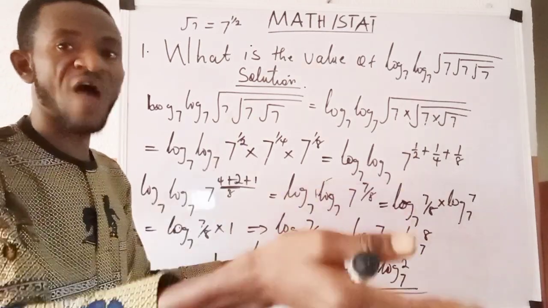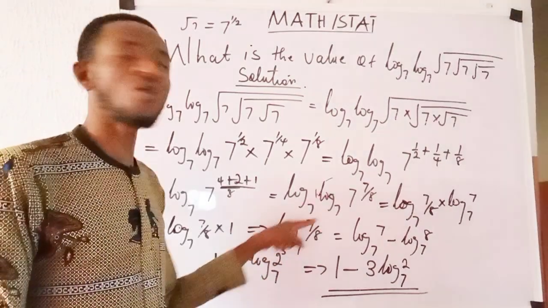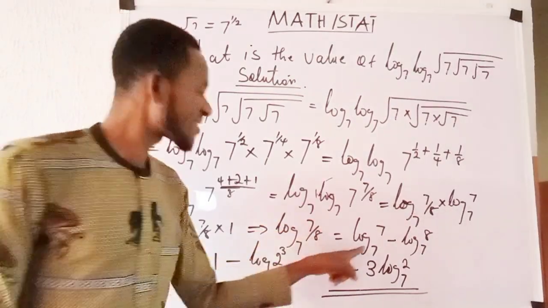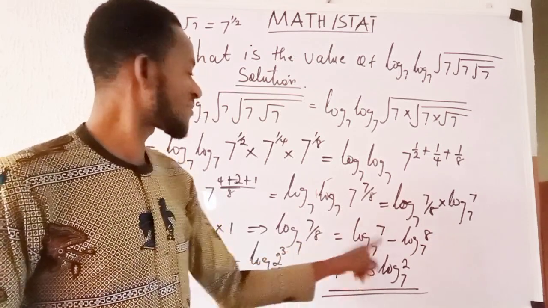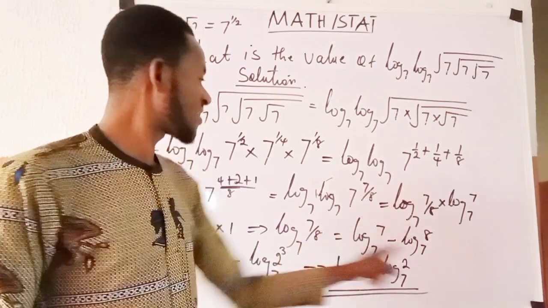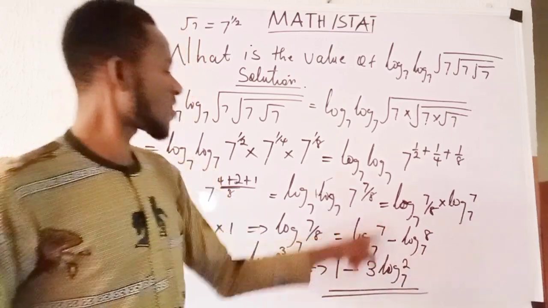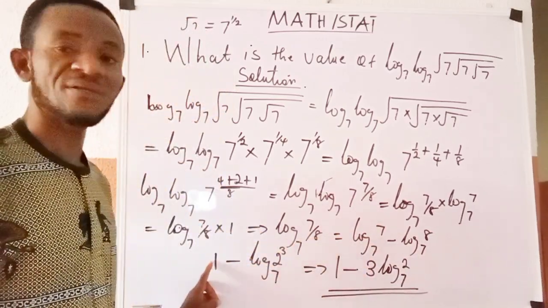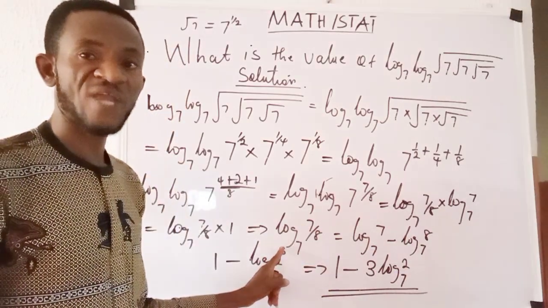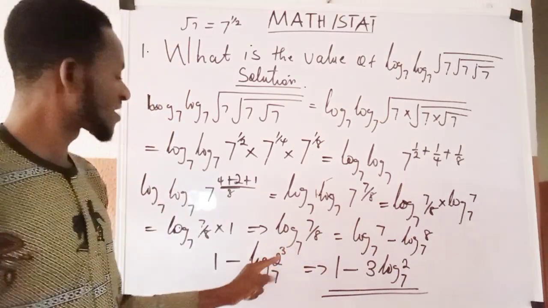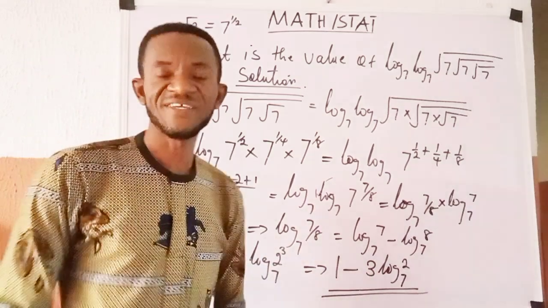We quickly recalled another law that says that whenever we have log of a number over another number, it can be expressed as log of 7 base 7 minus log of 8 base 7. That's what we have here. And the log of a number to its own base is 1. And this 8 can be expressed as 2 raised to power 3. So that's what we had here. So we now say, using this 3, which is the power, to multiply the logarithm, we arrived at this.